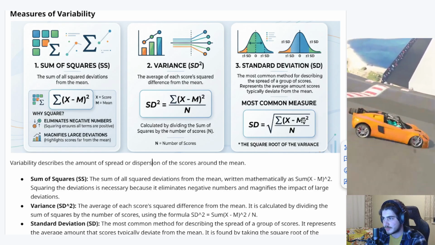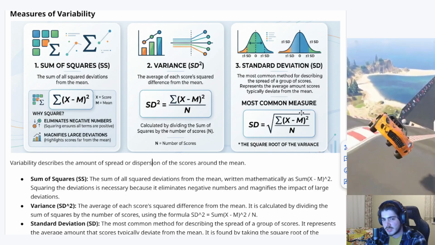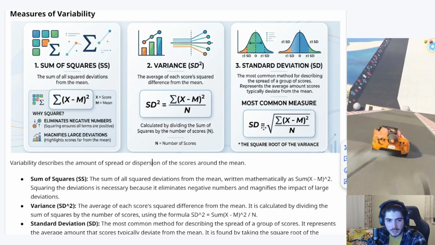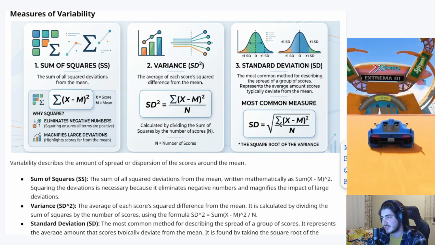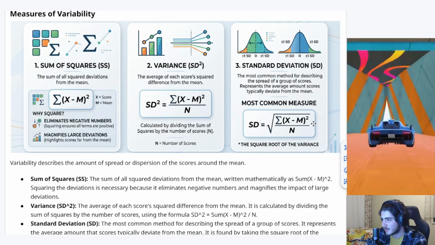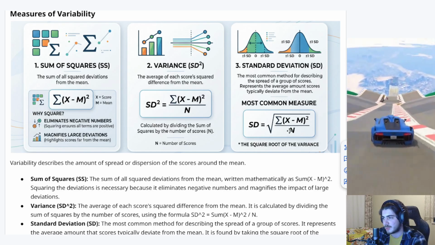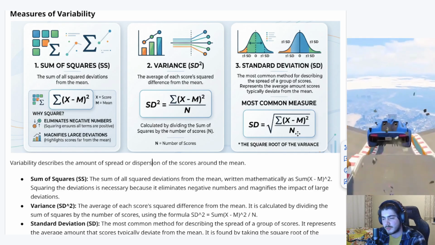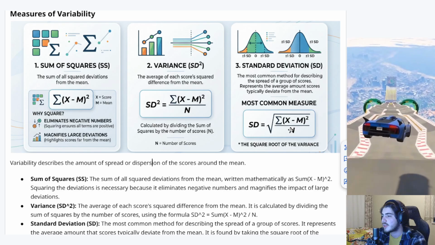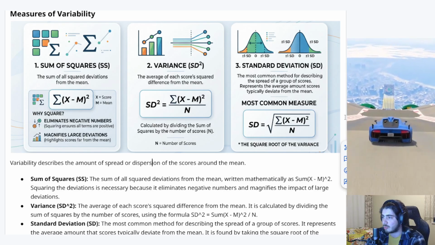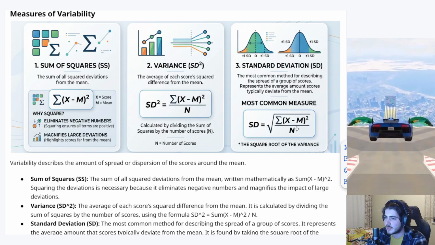Individual score minus mean squared. This repeats for however many scores you have. And then you take the sum of all of it and then divide by the amount of people participating, the amount of values or scores you have. And then you take the square root. Now we will see why this is.